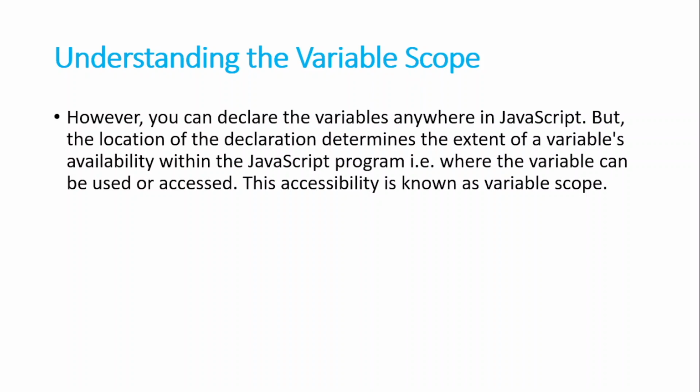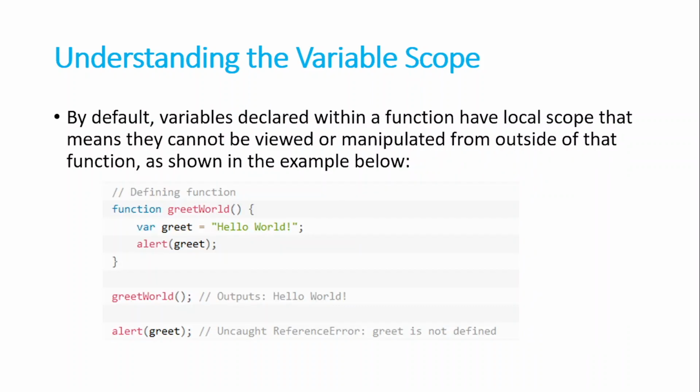So we can define variables anywhere in the program, but it has a certain availability within a block. When we define a variable in a function, it will be used in that function only. So this kind of accessibility is called variable scope. Whether we can use that variable in a function or not, this is the thing.